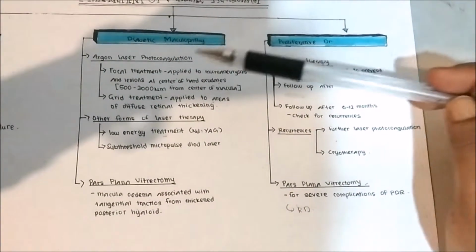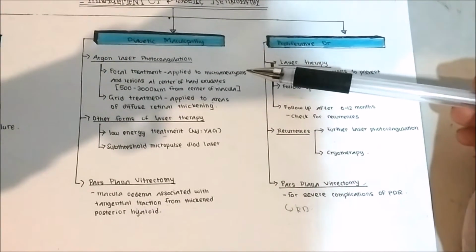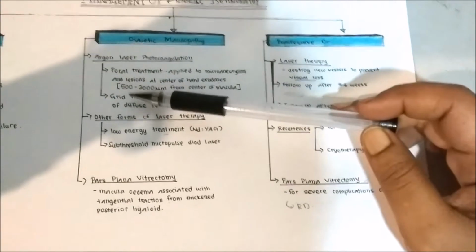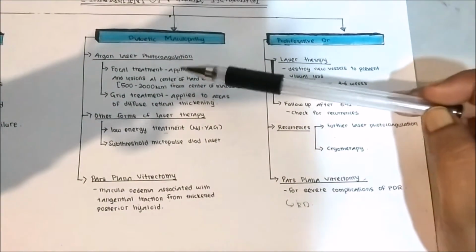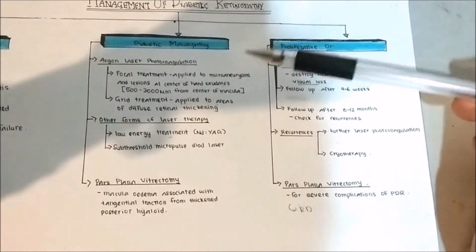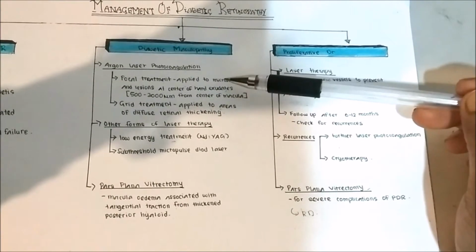Focal treatment is applied to microaneurysms and lesions at the center of hard exudates. Usually this is applied for the exudates which are 500 to 3000 micrometers from the center of the macula, while grid treatment is applied to the areas of diffuse retinal thickening, which is larger compared to the focal treatment.